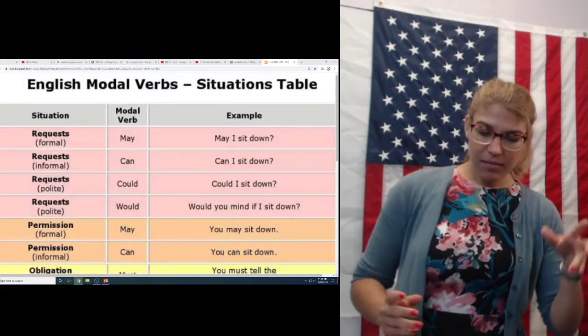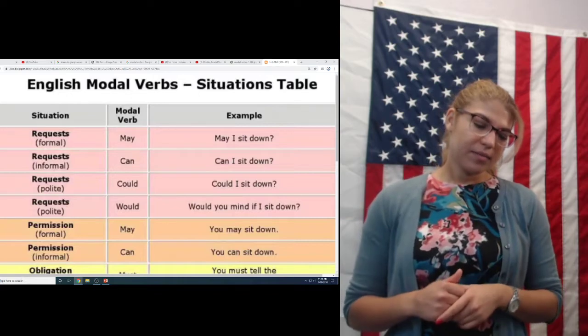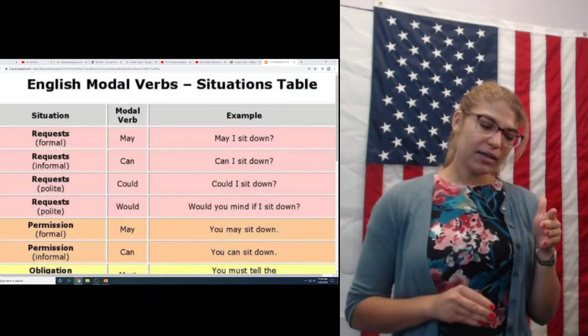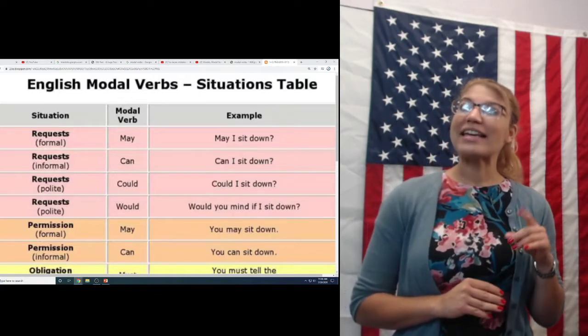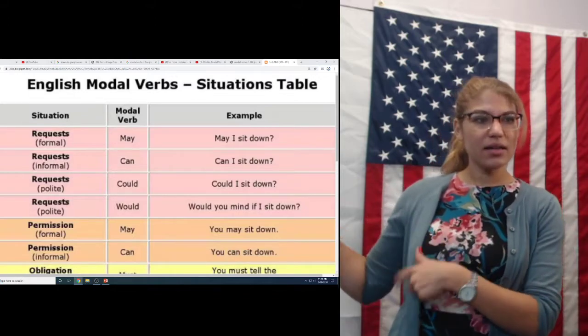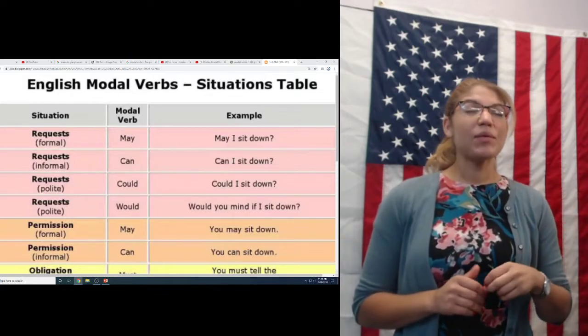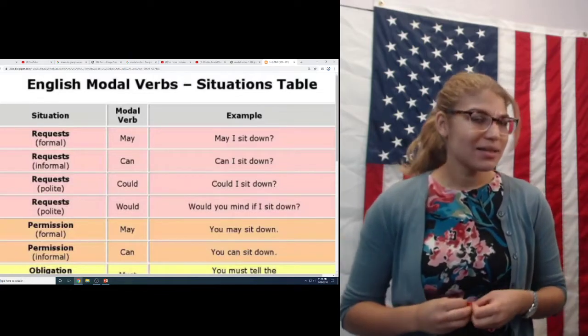May I sit down here? Equally, a little less formal, informal is can. Excuse me, can I sit down here? A polite request of could I? Could I sit down here, please?